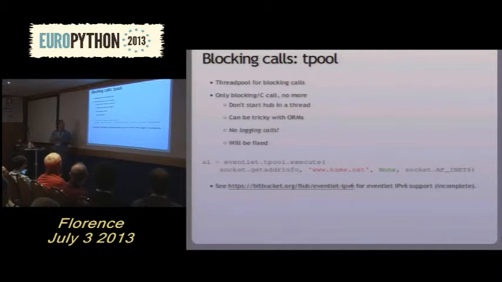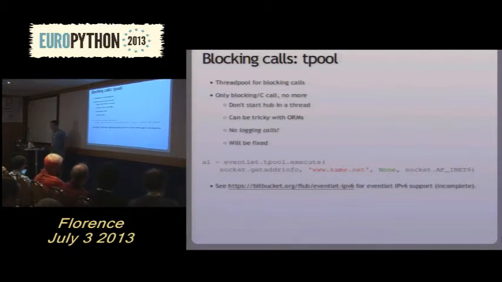The thread pool is set up so that Eventlet can execute a function in a different thread, and that thread is then allowed to block. By default, you've got something like 20 threads. Whenever they finish executing, Eventlet will give you the result back, and your main Eventlet application will not suffer blocking, so you'll be able to keep doing your I/O as normal.